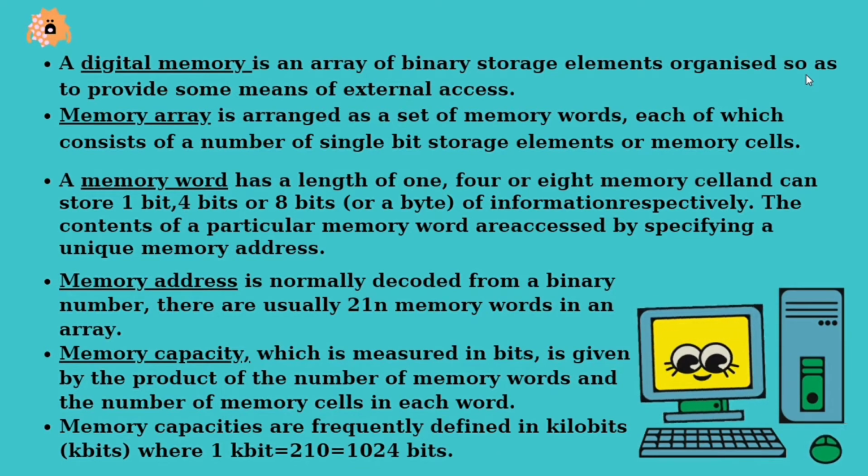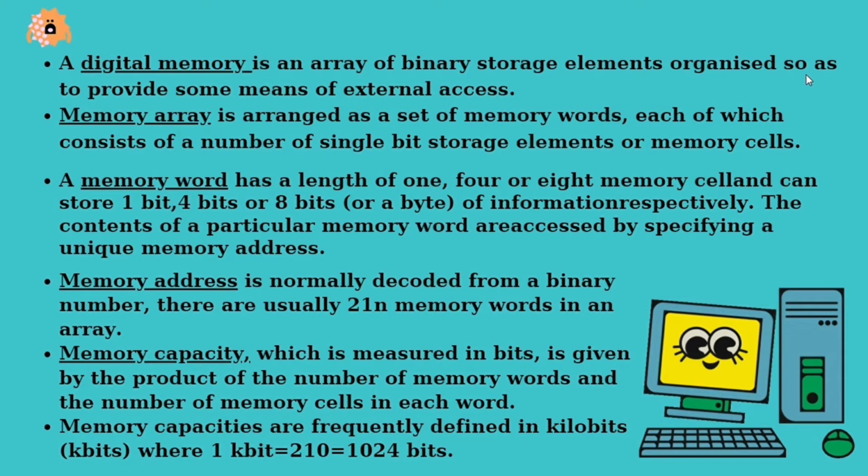A memory word has a length of 1, 4, or 8 memory cells and can store 1 bit, 4 bits, or 8 bits, or a byte of information respectively. The contents of a particular memory word are accessed by specifying a unique memory address. A memory address is normally decoded from a binary number.